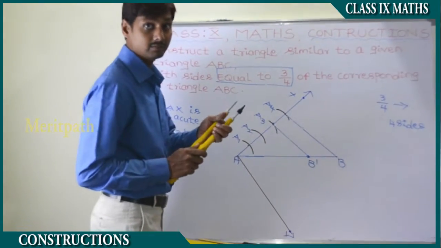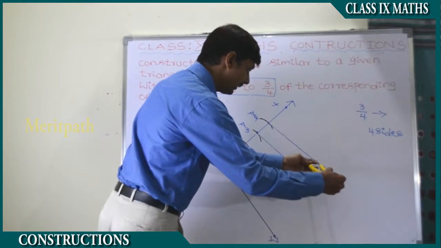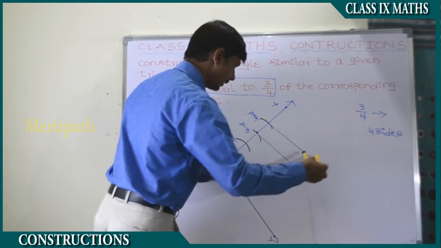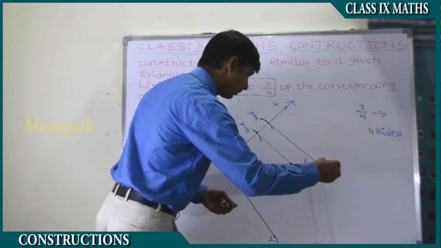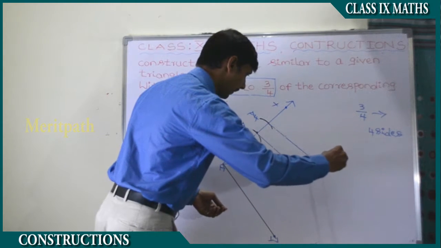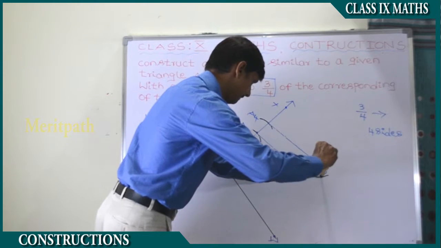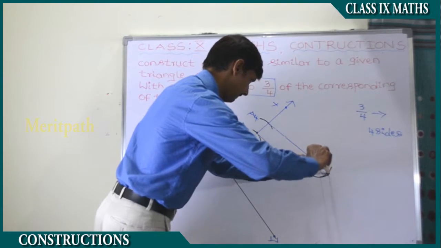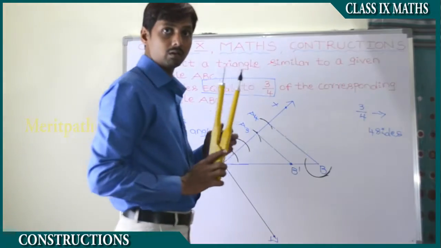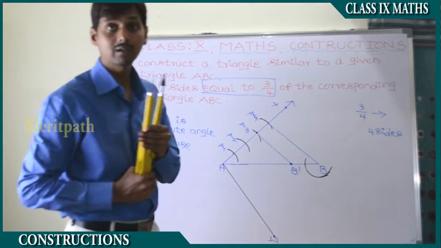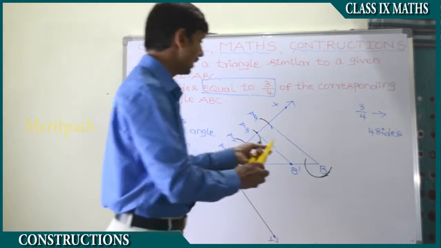Now let's take some radius, 1 or 2 centimeters, any constant radius, using the point B. We have taken some radius on the compass, either 1 centimeter or 2 centimeters.